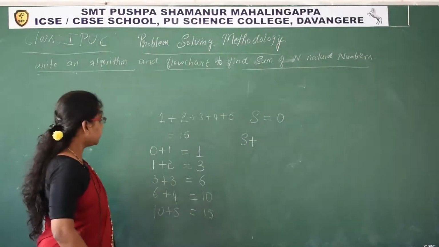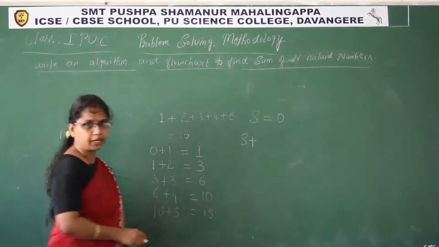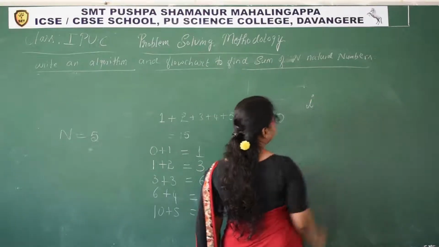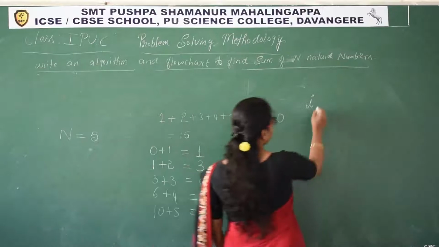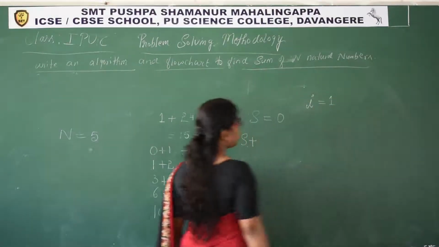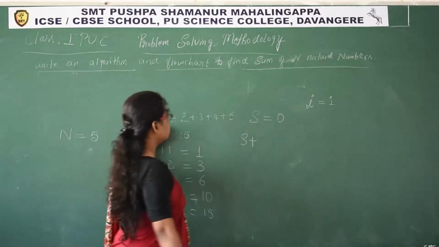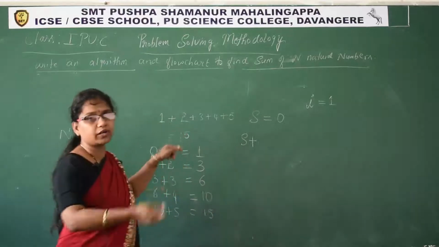Okay, so instead of writing 1 2 3 4 5, I can use a variable, I can use an identifier here, I. Some variable I have taken, I, and I initialize it with the value 1 because it has to start from 1. So this I is incremented by 1 every time.